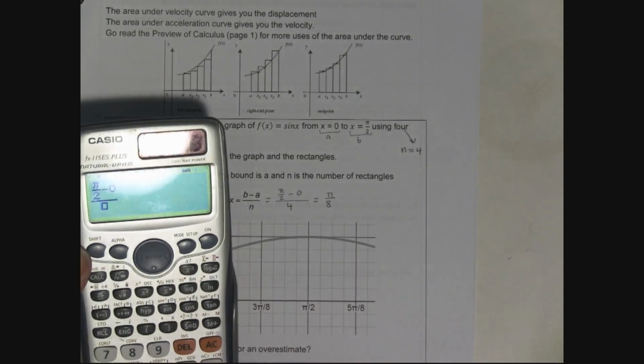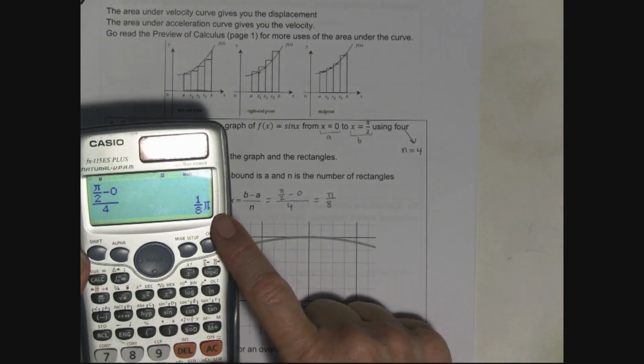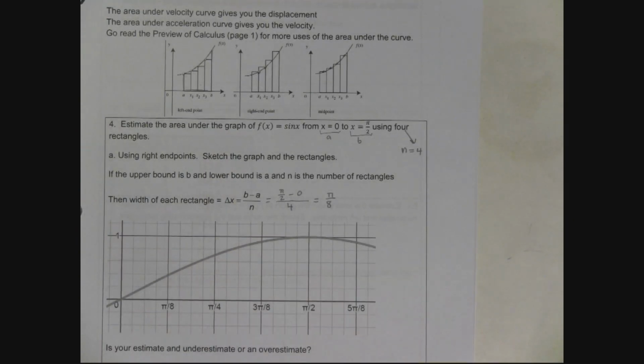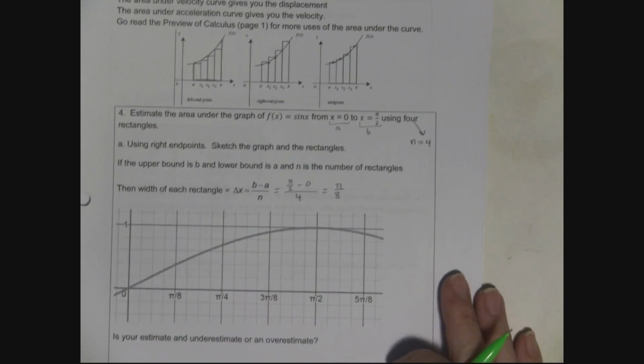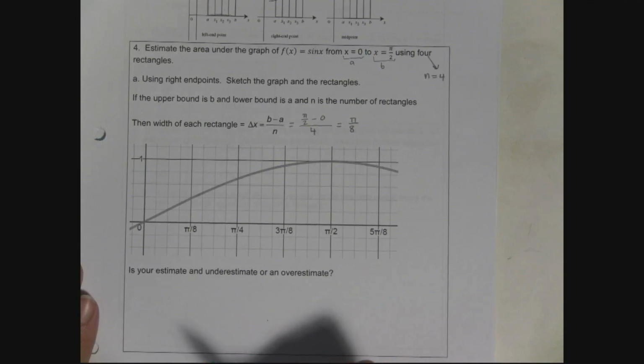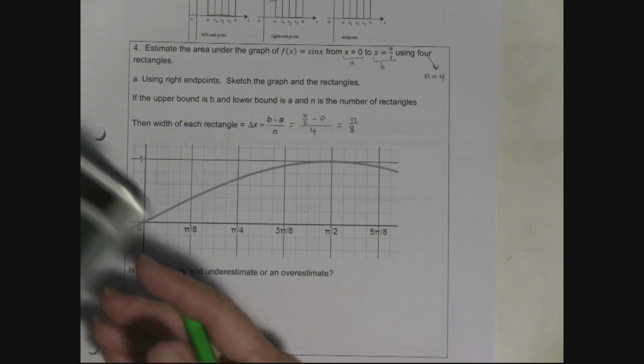Divided by 4, when I hit equals, I do get pi over 8, or 1/8 pi is the same as pi over 8. Okay, so I'm going to be starting, and I'm going to just write these out here so that you know what I'm doing, and I could see where a person could do them in their head. I want to make sure my calculator is in radians.